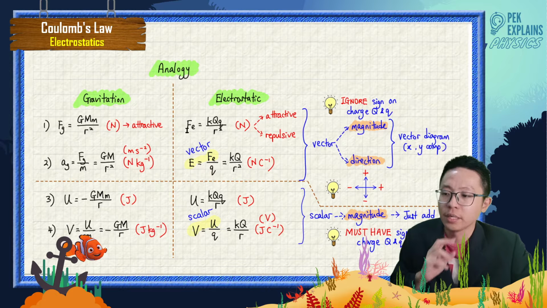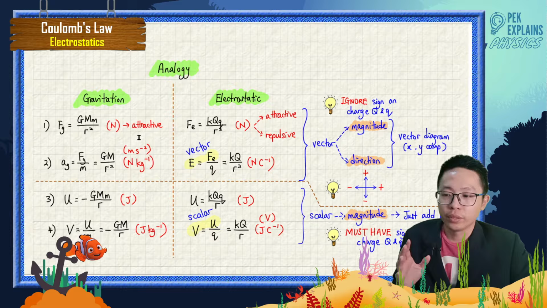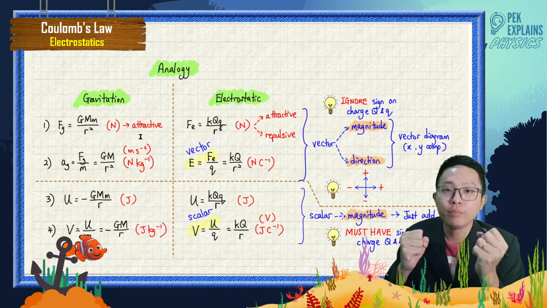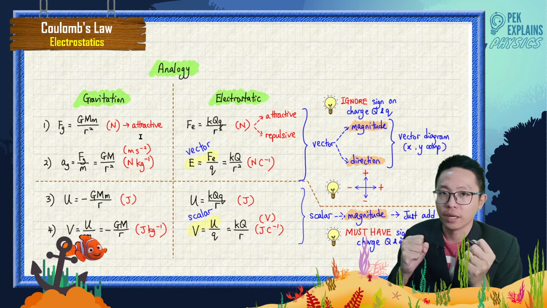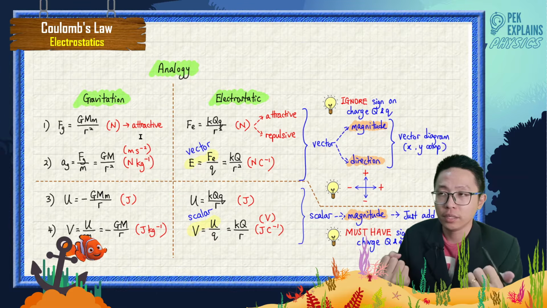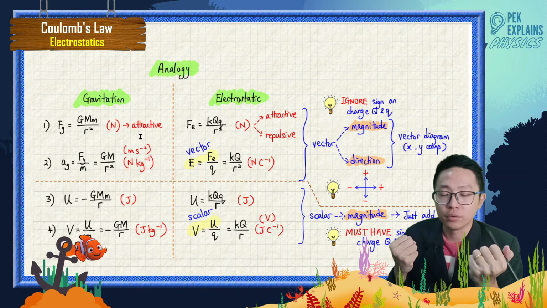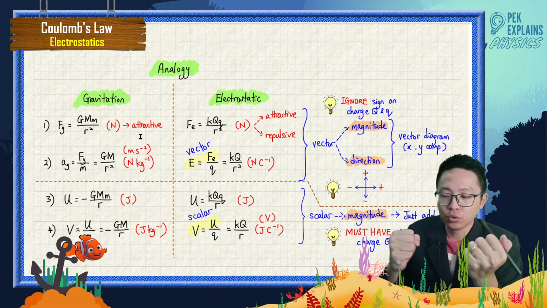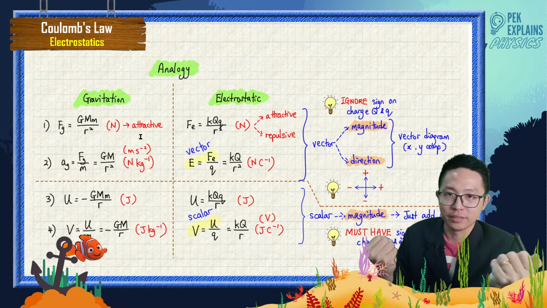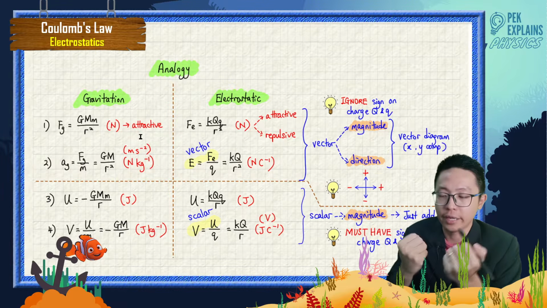But the difference is, in gravitation the force between two masses must be attractive. Gravitational force can only be attractive. Two masses won't repel each other.